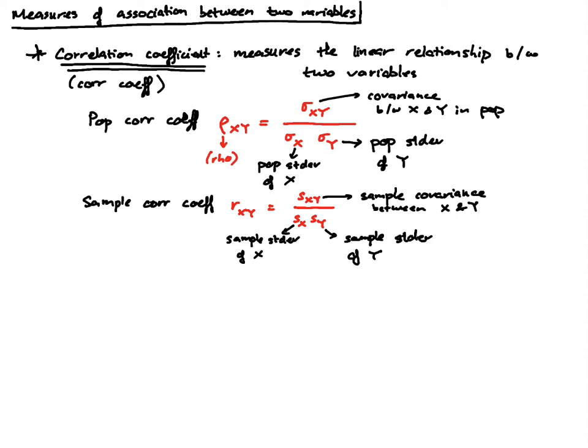Now, what should we know about the correlation coefficient? The correlation coefficient always lies between -1 and 1.